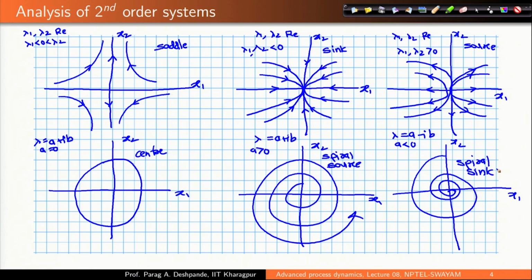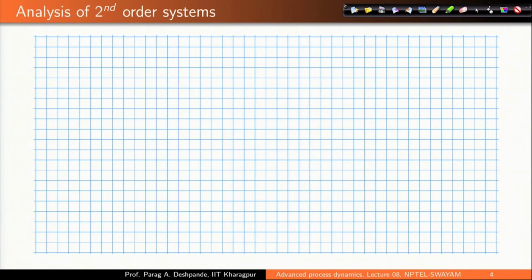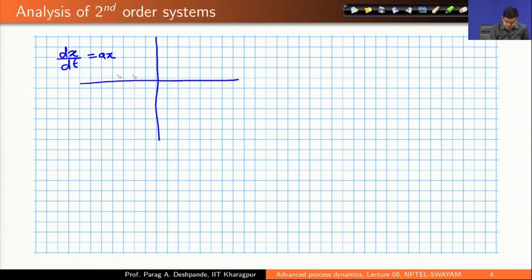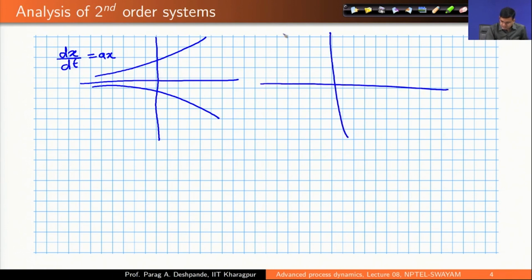What if I want to know x 1 with time or x 2 with time? The most striking feature of second order and higher order systems is this: when I solve dx by dt is equal to a x, my solution would either be like this or like this.